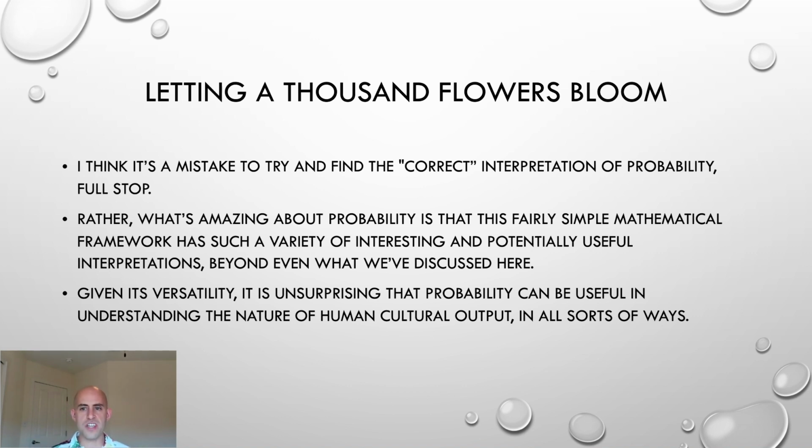But I think there's a rich amount of more philosophically rigorous work to be done thinking about how to interpret these probabilities. And in different contexts, frequency interpretations, propensity interpretations, subjective interpretations, or other interpretations entirely may be relevant.